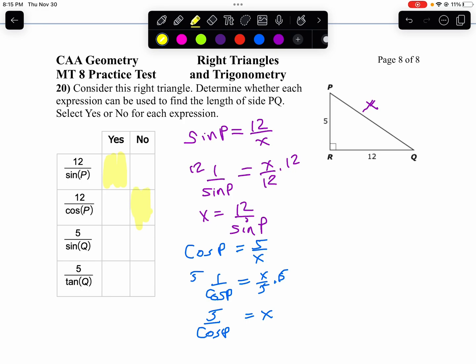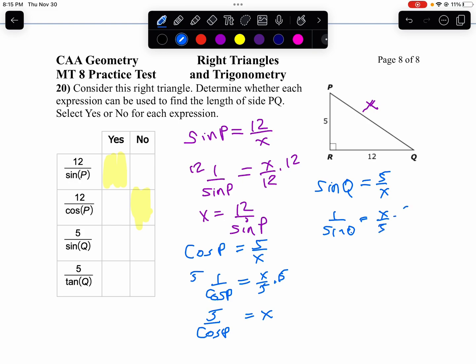Okay, let's do the sine of Q. Now the sine, whoops, always forget that. Remember, the sine of Q is going to be the opposite over the hypotenuse, so it'll be 5 over X. So then I'll get 1 over the sine of Q equals X over 5.